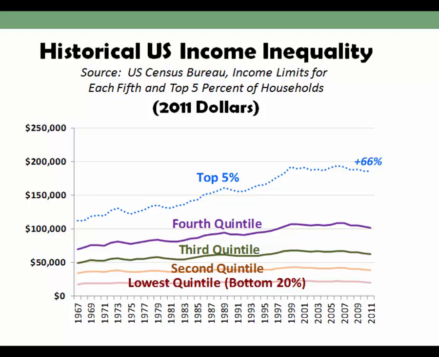Because a big part of reading graphs is actually interpreting what they're saying. If the bottom 20% has roughly had the same amount of money in their household from 1967 to 2011, why is that important? How is their experience different in 2011 than what it would have been in 1967?